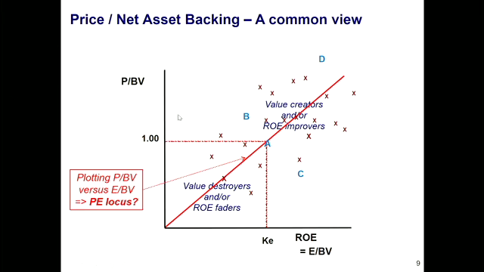Any area above this line here, that will be price to book value ratio above 1. So for every $1 of investment in the equity capital of the company, that investment is worth more than $1. So everywhere above this line indicates a price to book value premium.